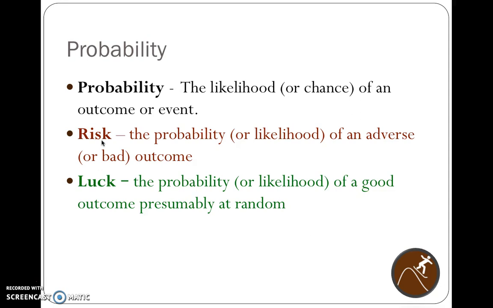And then if something lucky happens to you, that's the probability of something good happening, presumably at random. These things can be mathematically or statistically determined if you actually know the denominator. So the numerator is the event, the denominator is the actual total population that you're comparing against.